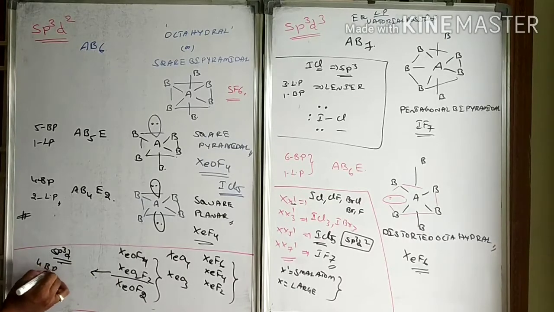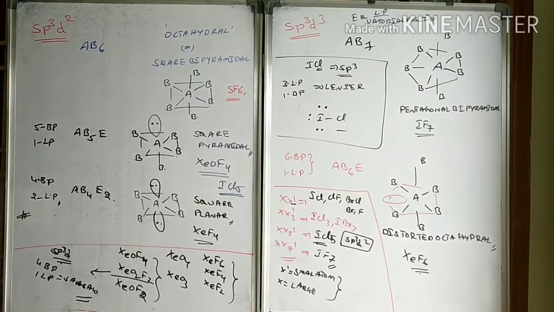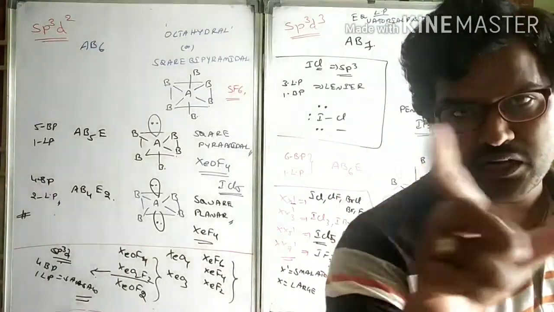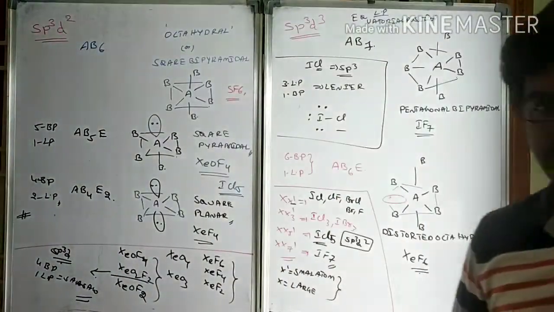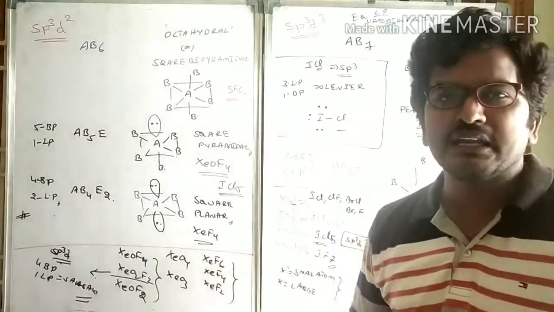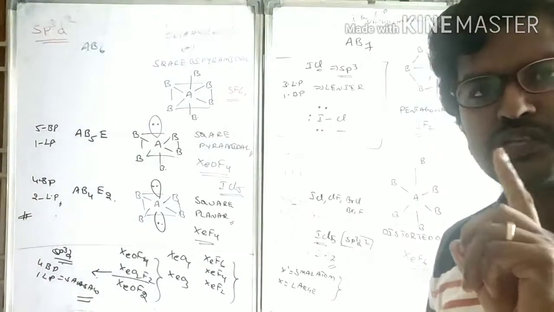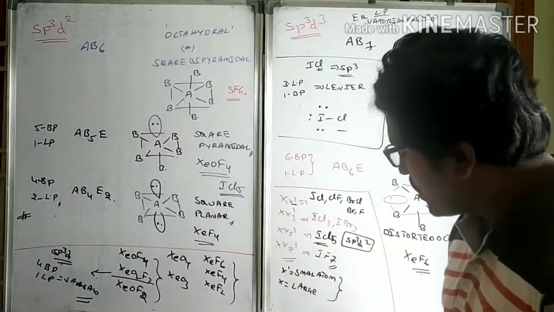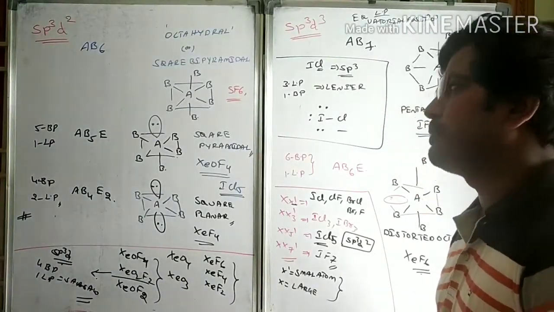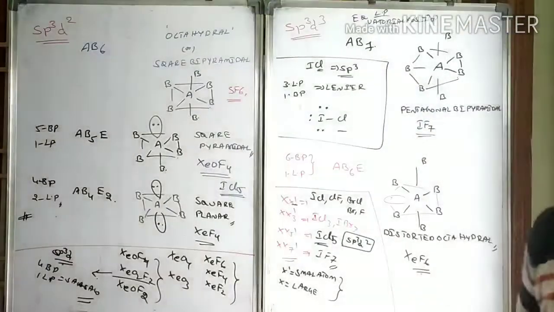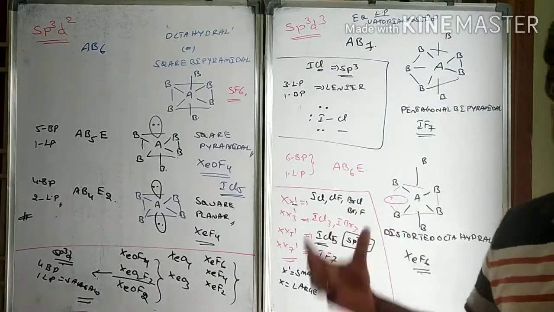Since 4 bond pairs and 1 lone pair are there, a seesaw structure will be present, like this. By simply finding bond pairs, lone pairs and hybridization, using the techniques I am explaining, you can write the structure of any compound they give you. Don't worry, for coordination compounds there is no chance of lone pair formation, so there is not much complication there. So that is the thing regarding VSEPR theory. Hope you are understanding this concept, and thank you.